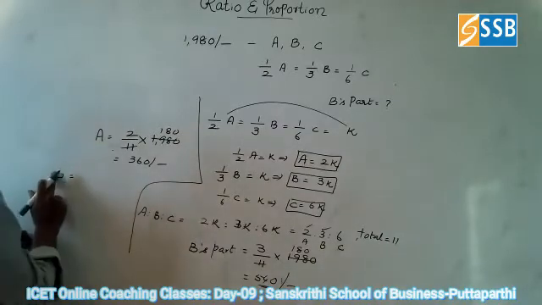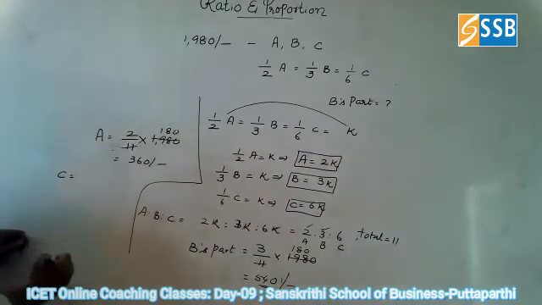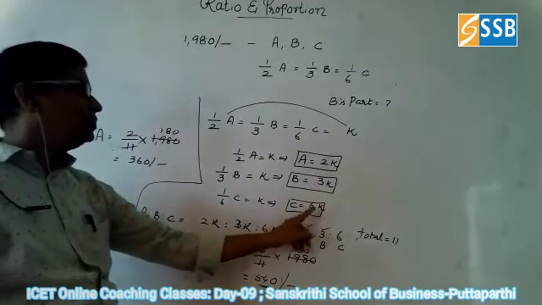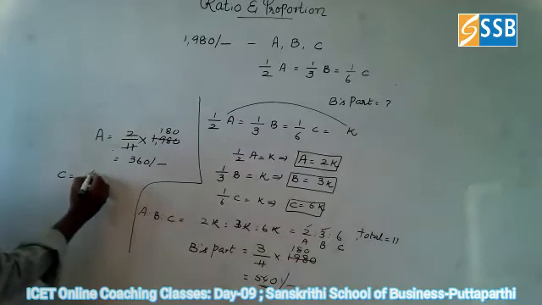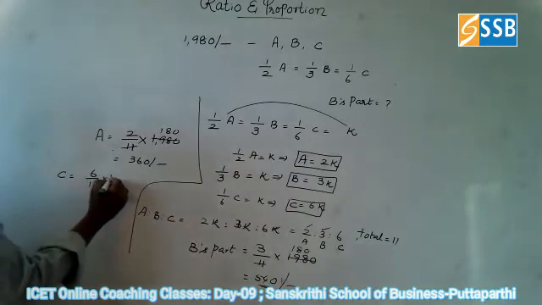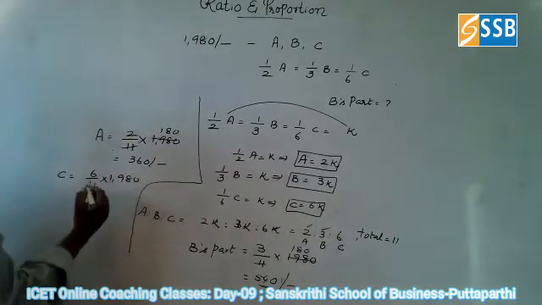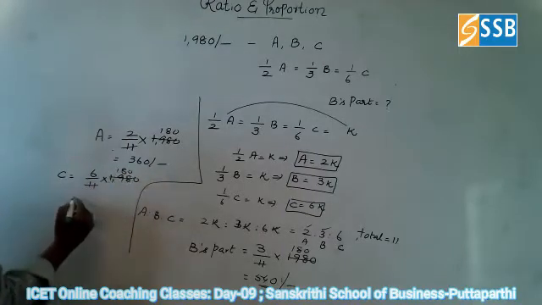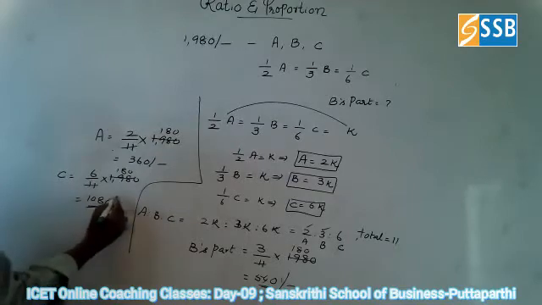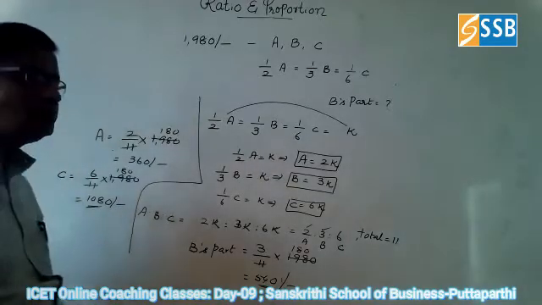B is already found out. What is the C part? C's part is equal to 6 here. So 6 divided by 11 into 1980. So you can go 11 ones are 11. So 1080.